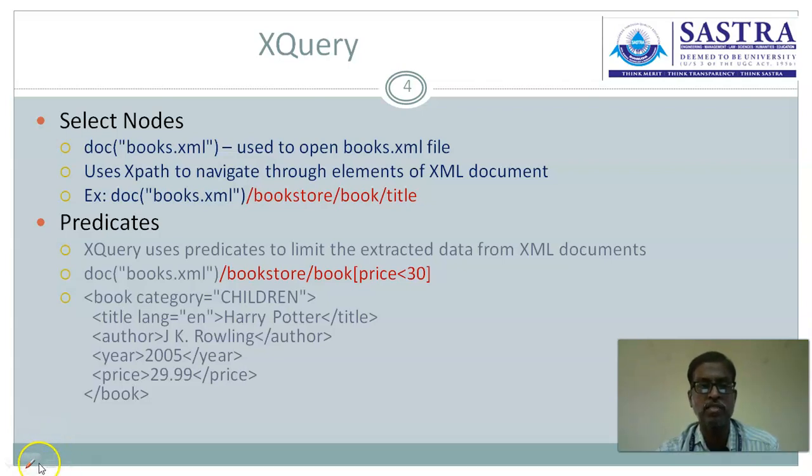That will select books.xml from the collection. Then we can write the XPath query, as I told in the previous slide.